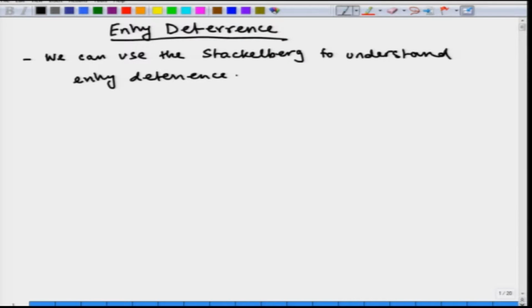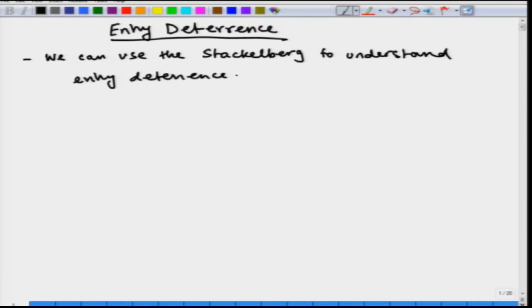Now, the idea is that firm 1 is the first mover or the leader, and firm 1 can strategically choose its output, let us call it Q1 or rather Q bar, so as to deter firm 2, the potential entrant, from entering the market. Now, in the analysis of entry deterrence, we will analogously use firm 1 as the incumbent and firm 2 as the entrant, right.